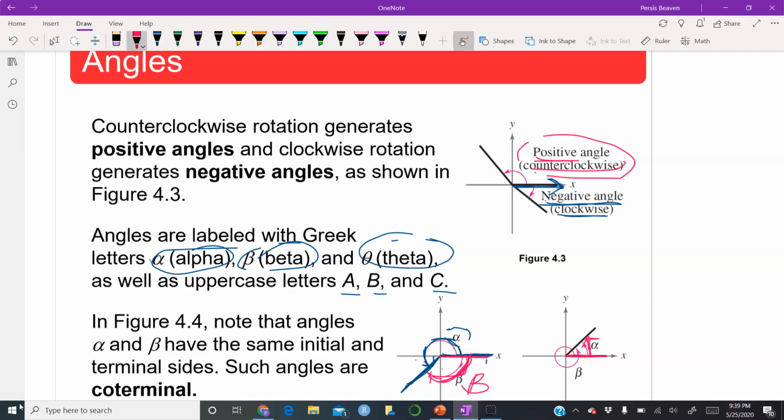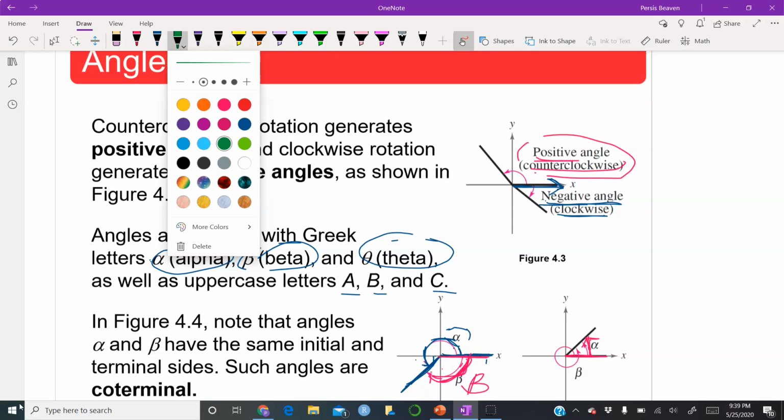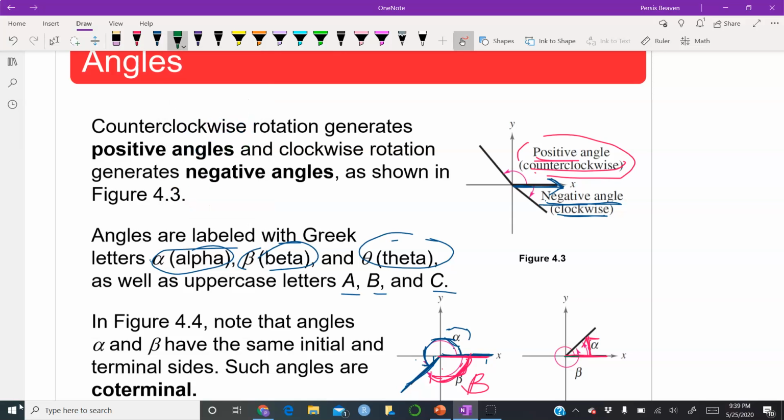But we have another one that starts again on the positive x-axis and then rotates in the clockwise direction, so that angle will be negative, and it will also be greater than 270 degrees. Well, I guess you could consider it smaller because it will be more negative, but we will discuss that as the semester goes.